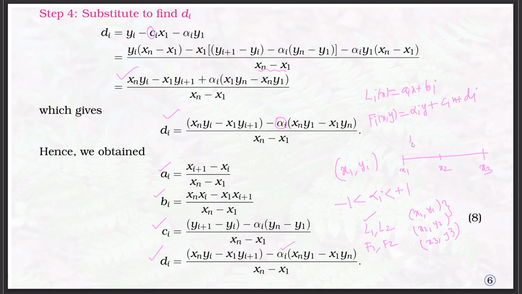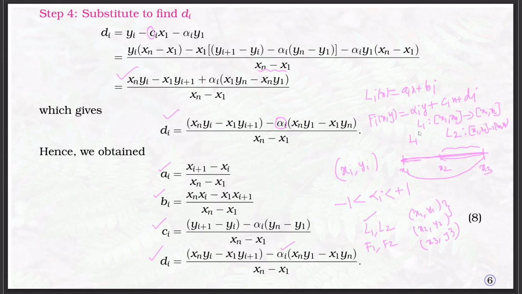That means L1 will act on this interval, L2 will act on this interval. That means L1 is a function from x1, xn to x1, x2, whereas L2 is a function from x1, xn to x2, x3. So the L1 map contracts this whole interval to here, whereas the L2 function contracts the whole interval to this interval.